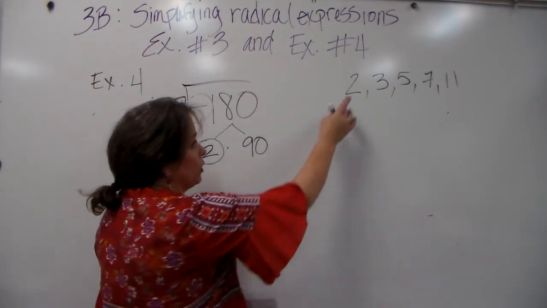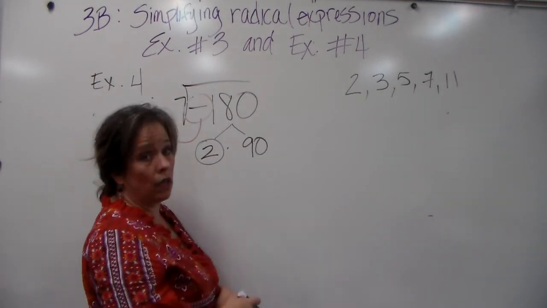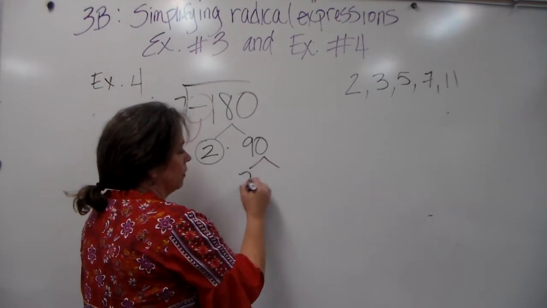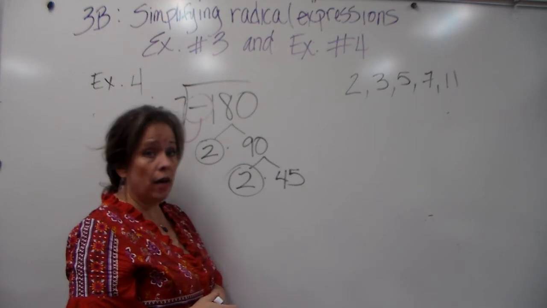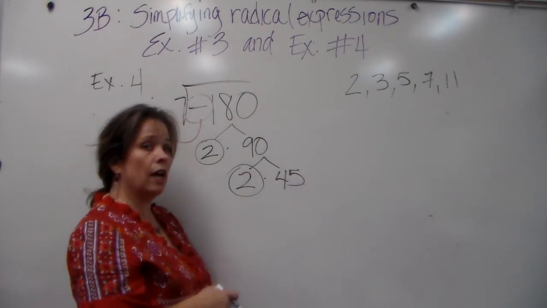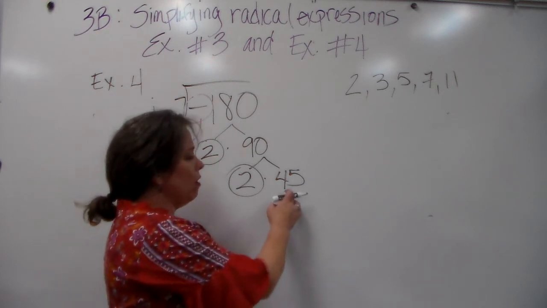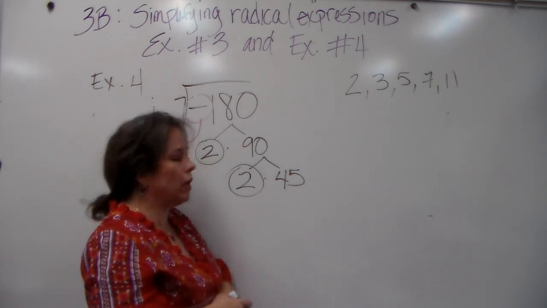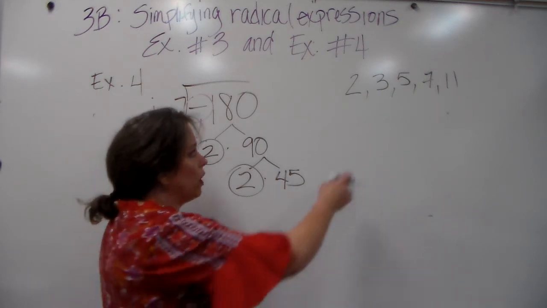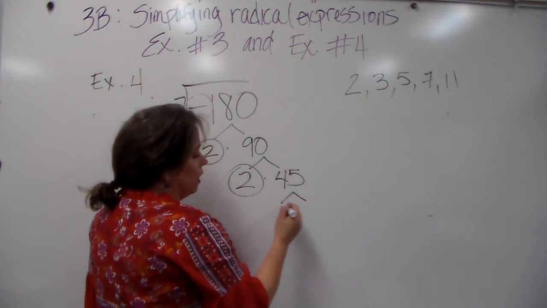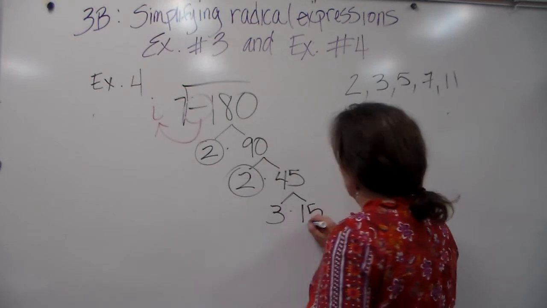And we'll keep going with our 2 until we can't divide evenly. We always want to divide evenly. So 90 divided by 2 goes in 45 times. It's an even number, so 2 is a good factor again. But now we don't have an even number, so we won't be able to use 2 again. We'll get a decimal for our answer, so we want to go to our next prime, which is 3. And when we divide 45 by 3, we're going to get 15.